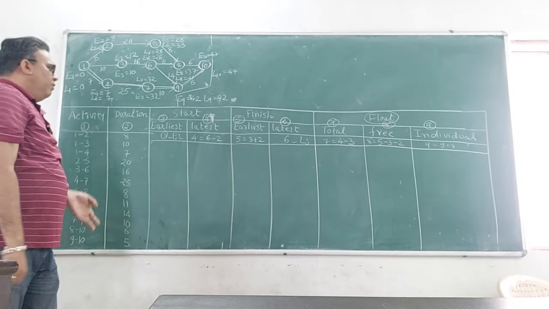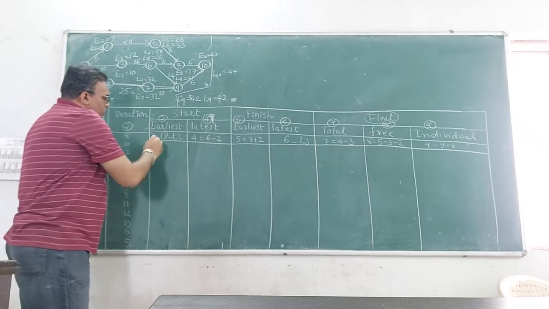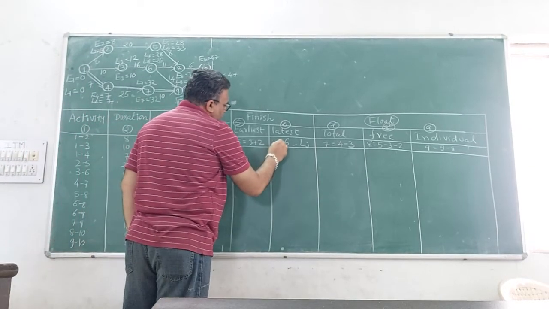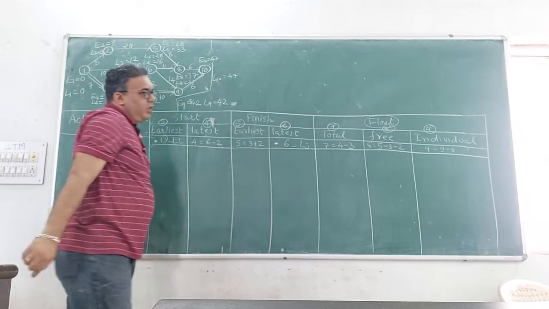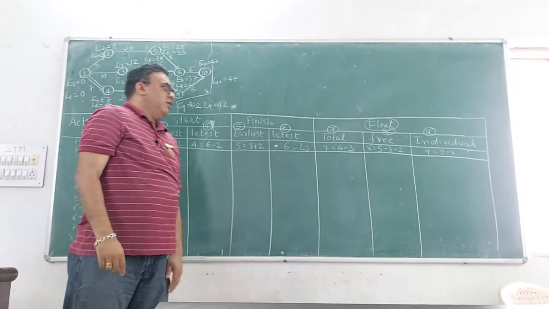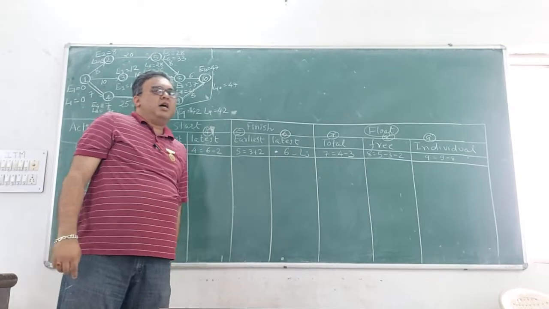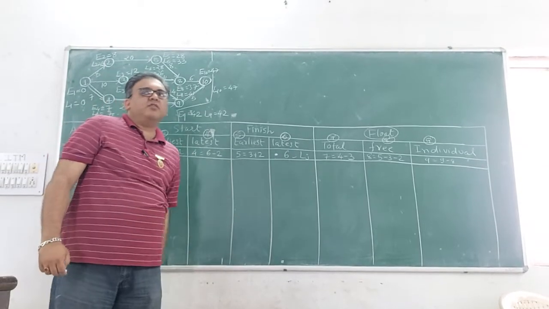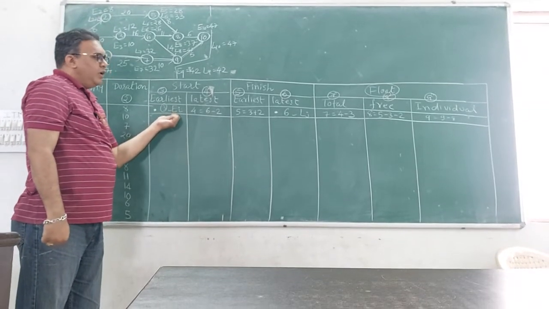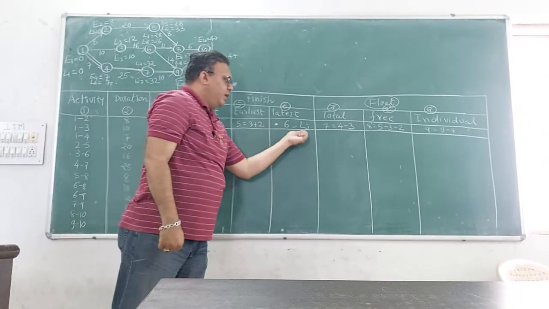But in this case, first of all, you have to fill column number 3 and then column number 6. After filling up column number 3 and column number 6, the remaining columns are very easy for calculation. Now, what is the meaning of E and what is the meaning of L?